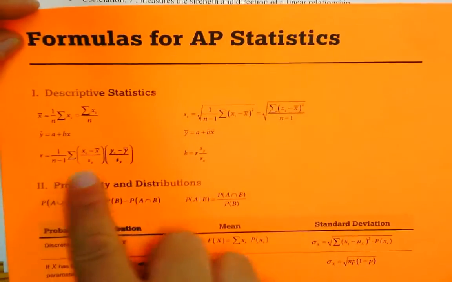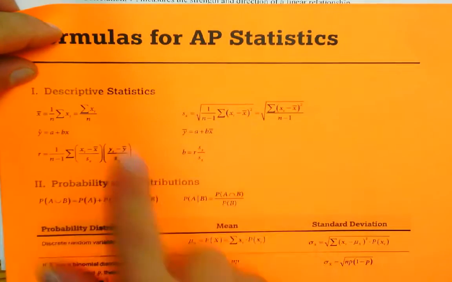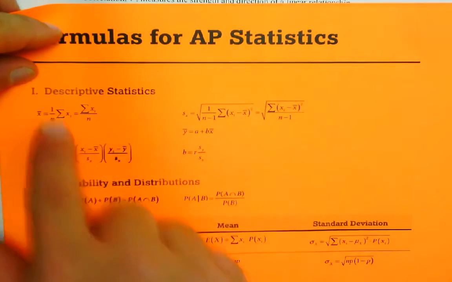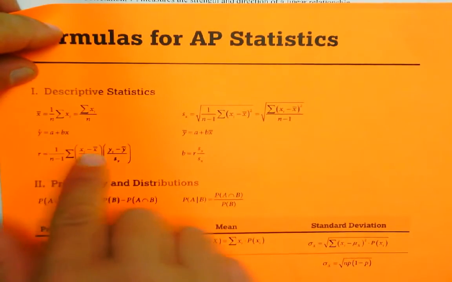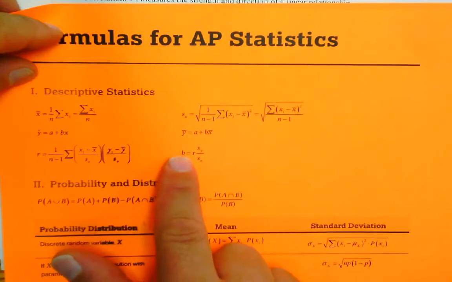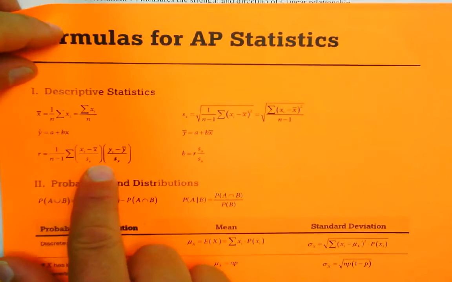Okay, and if I turn and I look on the front, there it is, right? My R, my Y hat, my different pieces. So these descriptive statistics for linear regression, here's where your equation is for R, Y hat, Y bar, and B. We're going to talk about those in other videos, but there is that formula, okay?